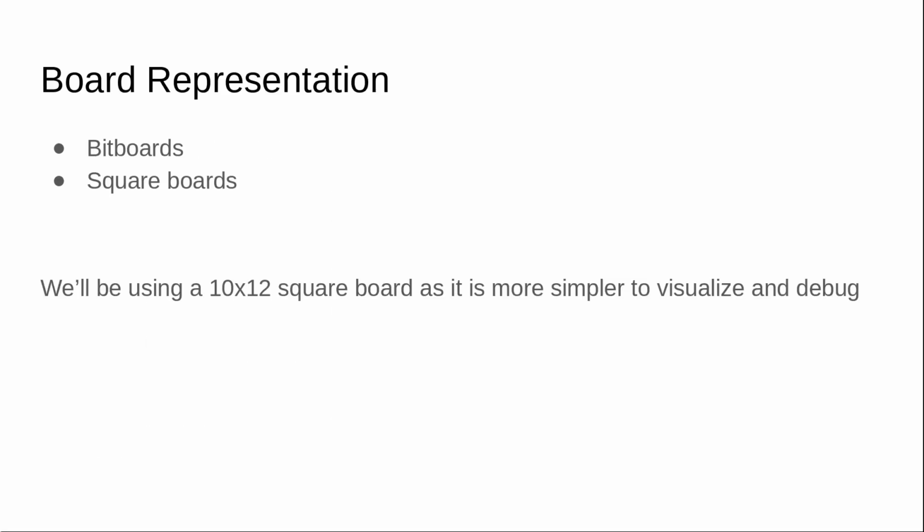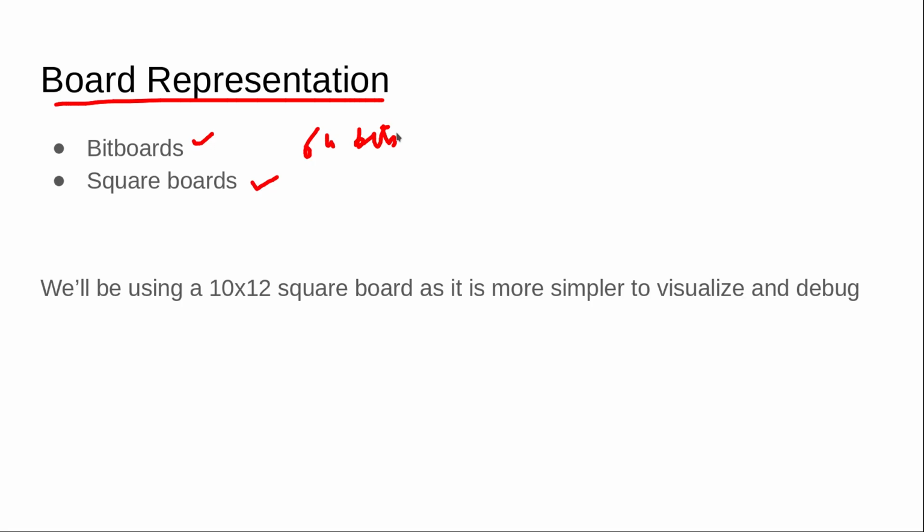Okay, so now we will start with board representation. Basically there are two ways: bitboards and square boards. Bitboards is the more popular one. It represents your whole board in the form of 64 bits, and these 64 bits are for each of the pieces present on the board.